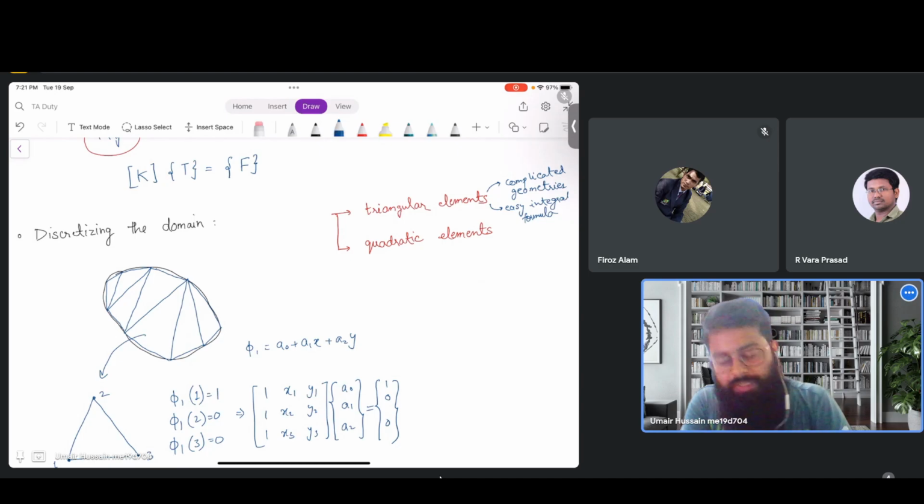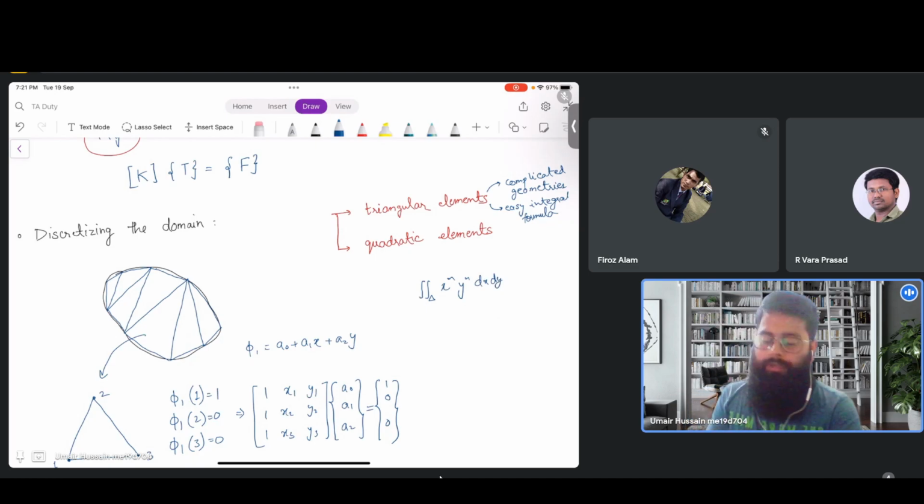So there are certain general formulas of double integral over triangular area. So if your polynomial is of this kind, which is mostly the case in our FEM integrals, based on these powers, there are direct formulas for that.